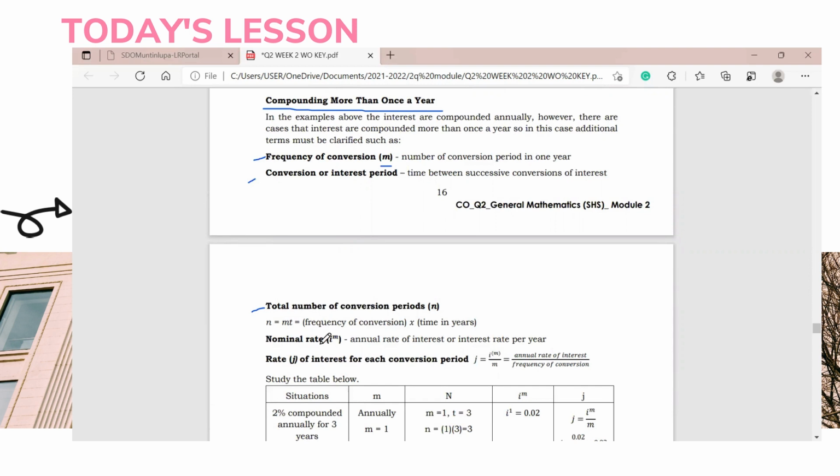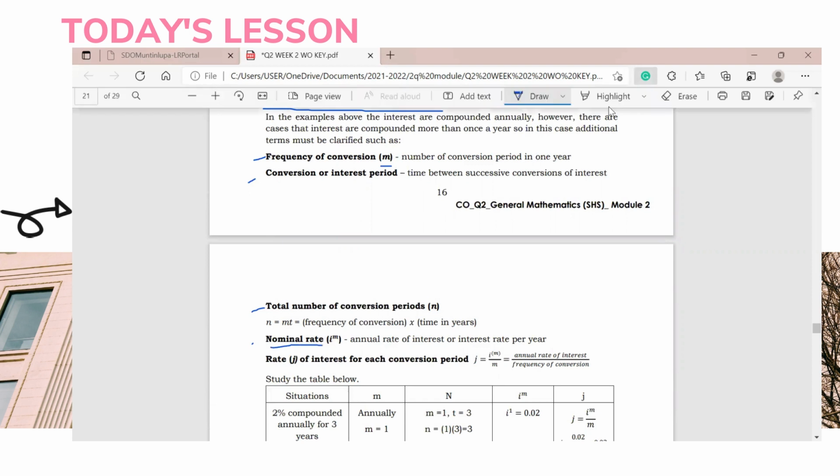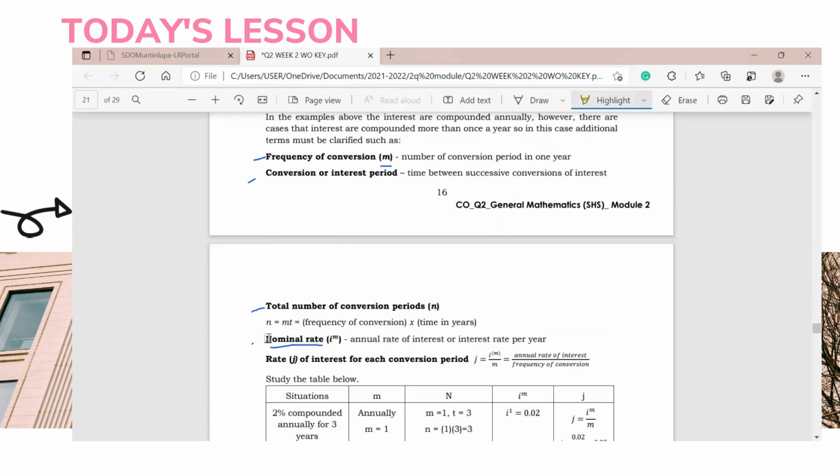We also have nominal rate. Nominal rate is i raised to m, annual rate of interest or interest per year. And j, rate of interest for each conversion period, wherein j is equal to i raised to m over m. Annual rate of interest over frequency of conversion.